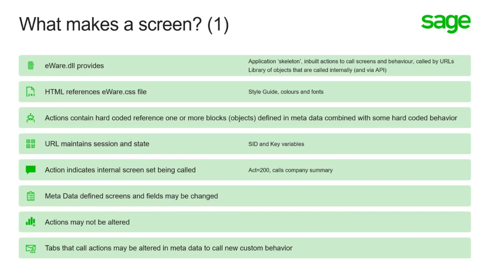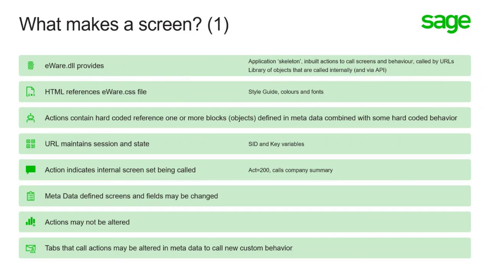And if you look at a Sage CRM URL, you'll see various variables called SID and key, and they're all indicating the state of the system. The action element tells it what screen is being used. Once you know those, the associated metadata is used for all of those individual screens.